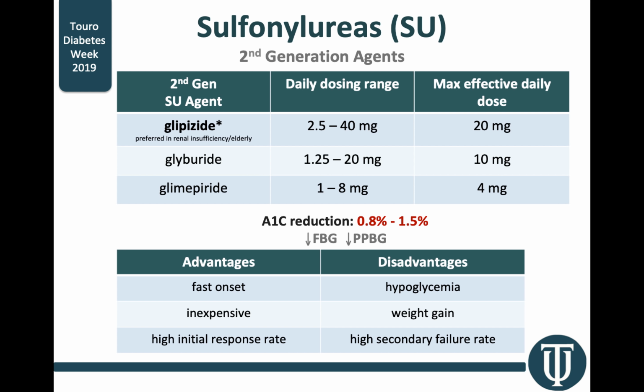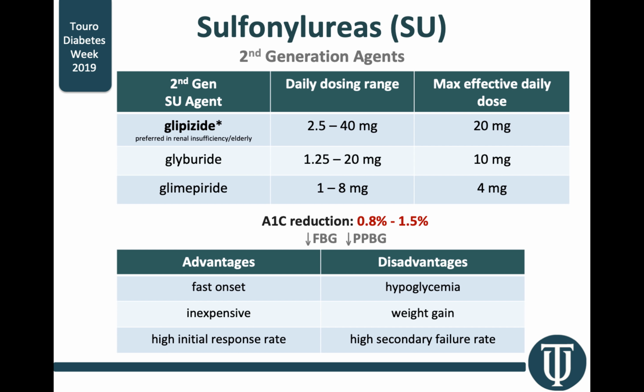However, when it comes to the max effective daily dose, it's half of the manufacturer recommended. That's important because we don't see more benefit beyond the max effective dose. In terms of A1C reduction, we might see as high as 1.5% reduction.